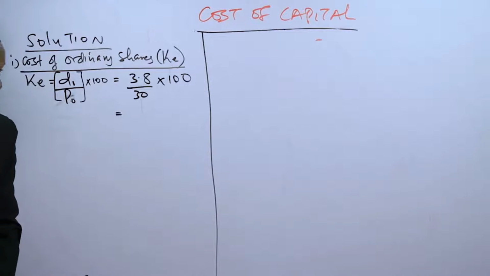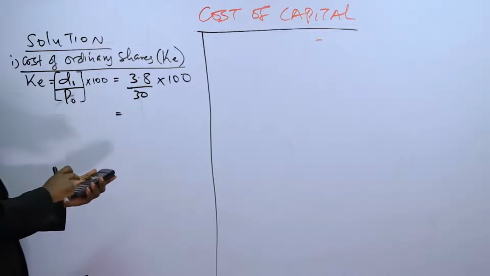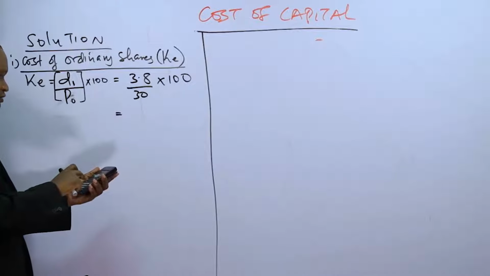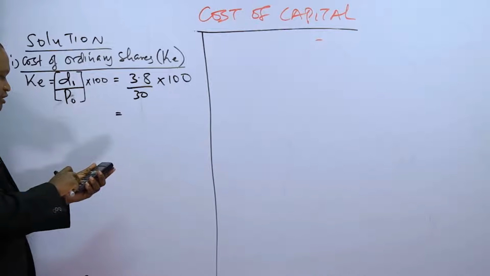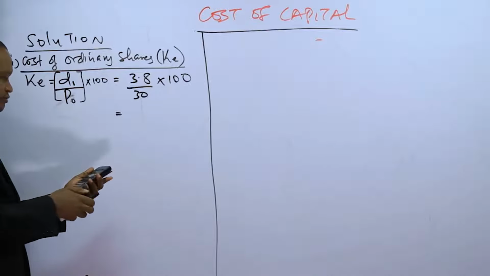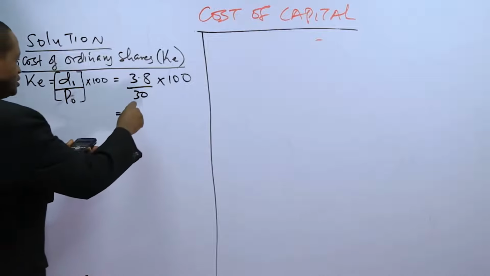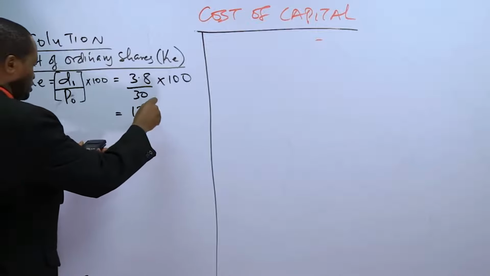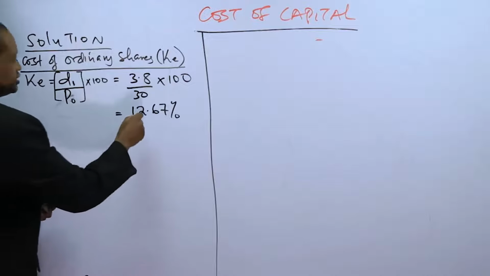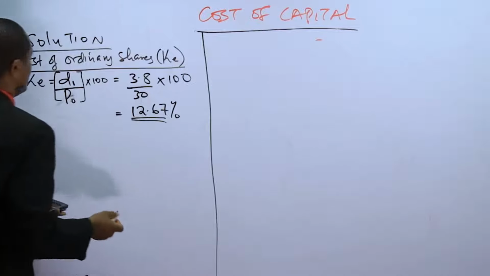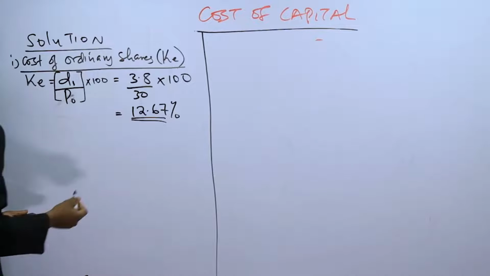So taking my scientific calculator, 3.8 divide 30 times 100. It's 12.67%. So this is the cost of ordinary share capital.